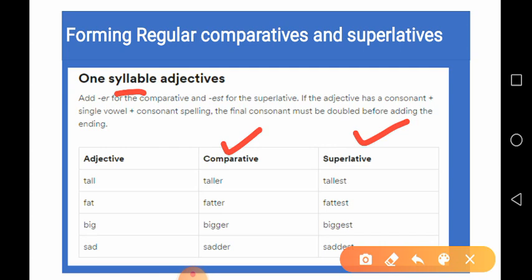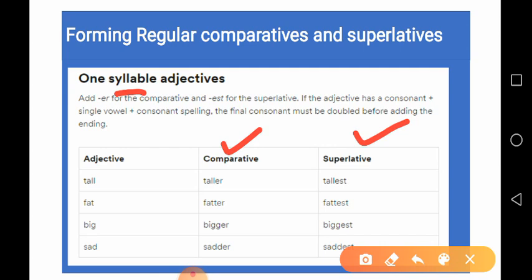If a word contains only one sound, it is called one syllable. If a word contains more than one sound, then it is a two syllabic or three or more syllabic word.